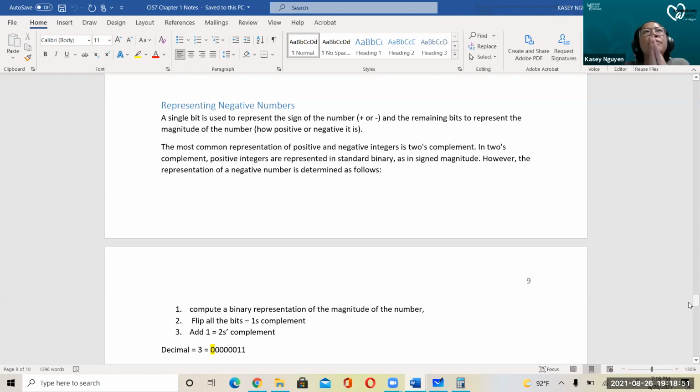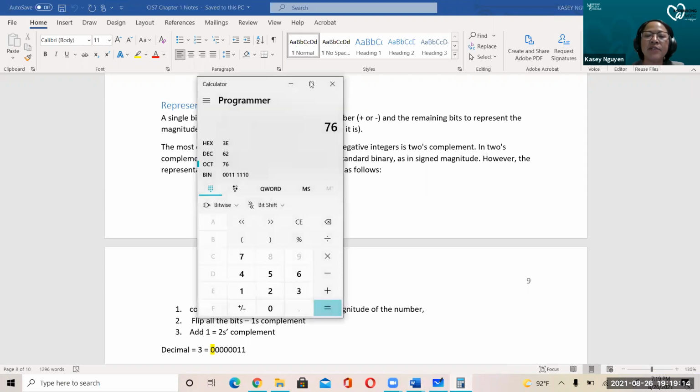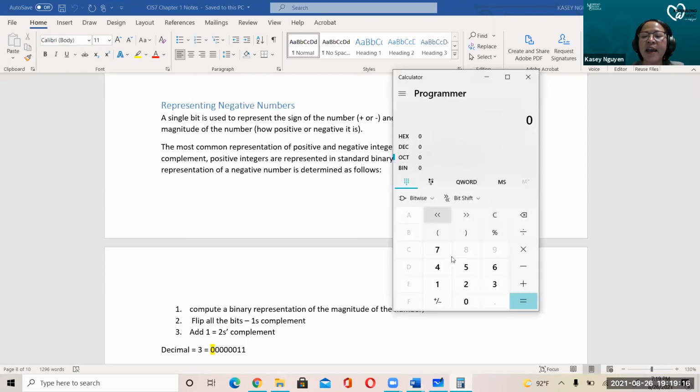The way the system represents a negative number is using what is called a 2's complement. And as you saw last time, when you have a negative value in your calculator, let's say I have a negative 23, if I look at the binary, you see all these ones in the front.